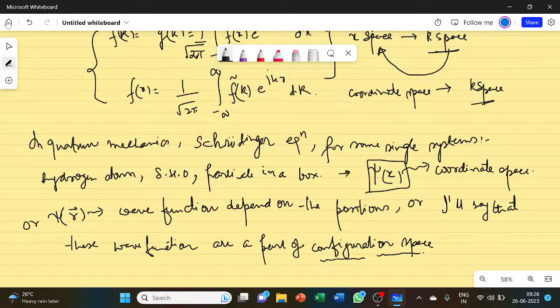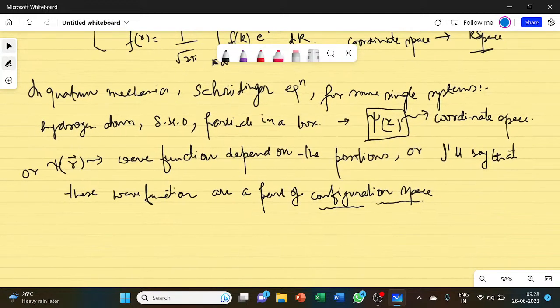Okay, and now understand, for particular quantum systems it is more convenient to work in momentum space.